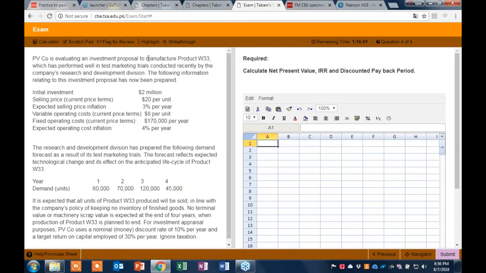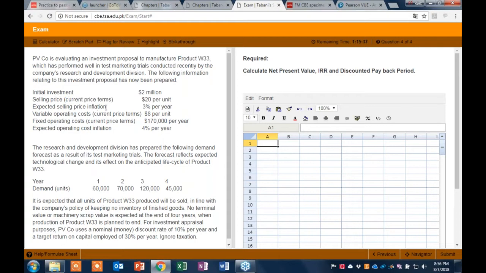PV company is evaluating an investment proposal to manufacture product W33, which has performed well in test marketing trials conducted recently by the company's research and development division. The following information relating to this investment proposal has now been prepared. Initial investment is $2 million, selling price is $20 in current price terms.